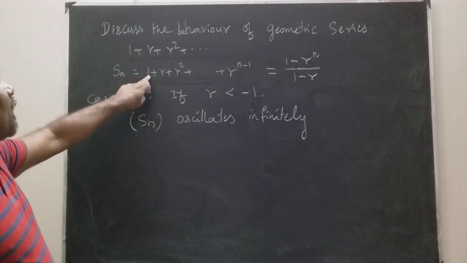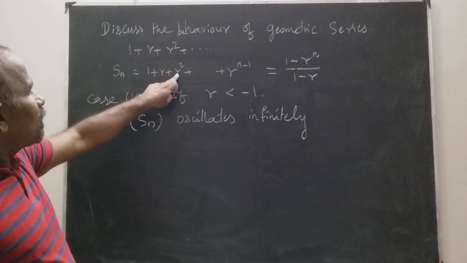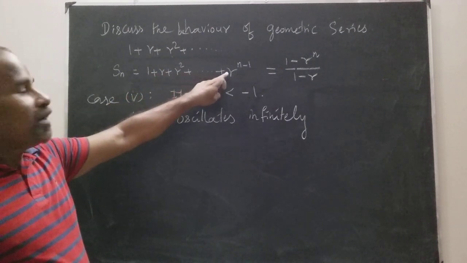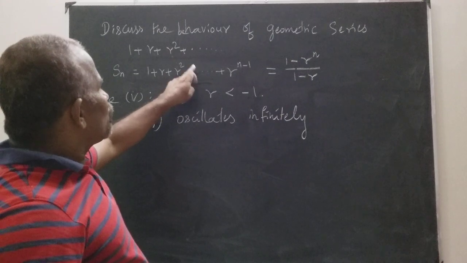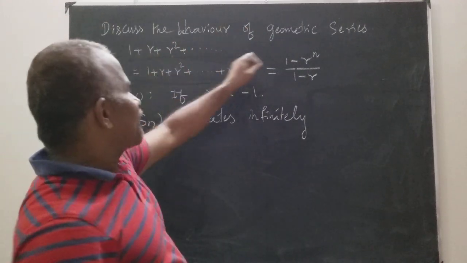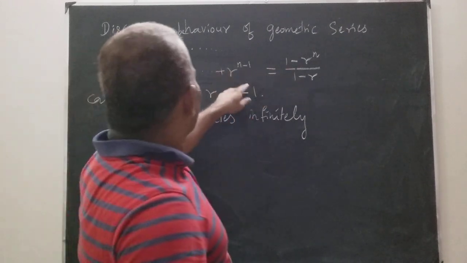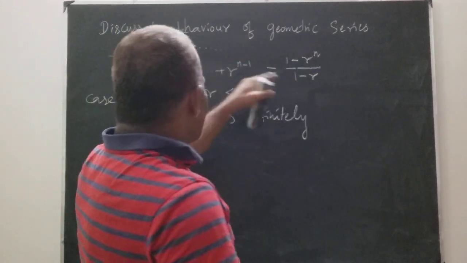Here, 1 minus 2 plus 4 minus 8 plus 16, etc., will go like that. Therefore, Sn, here we will be getting the series.